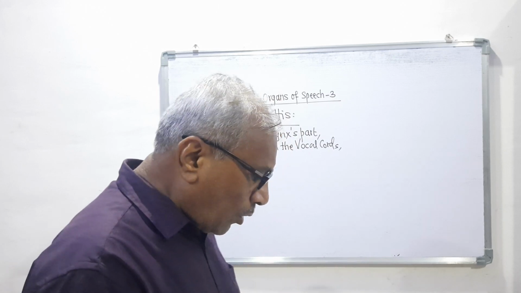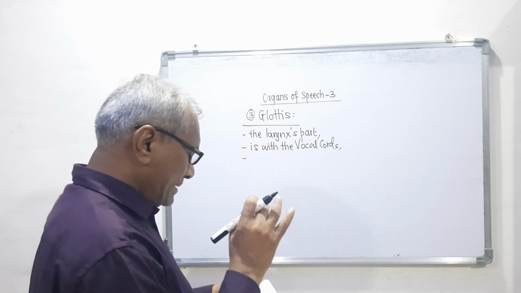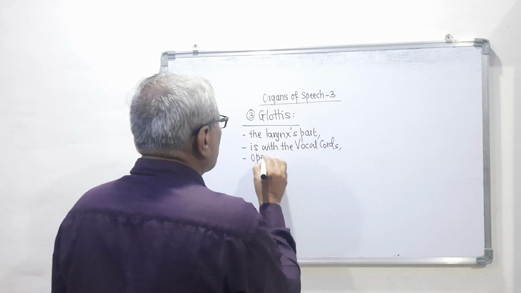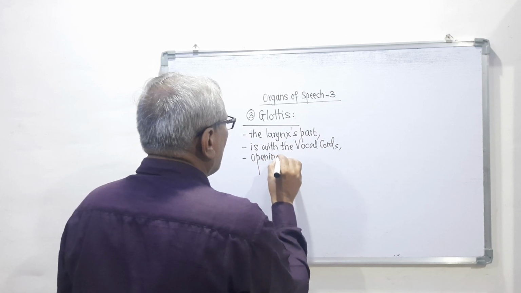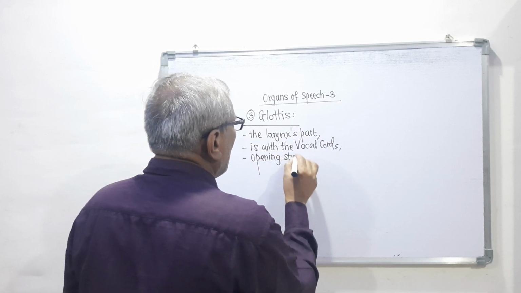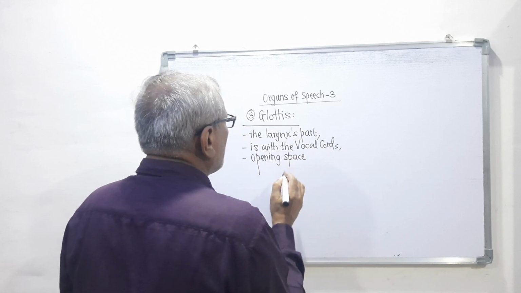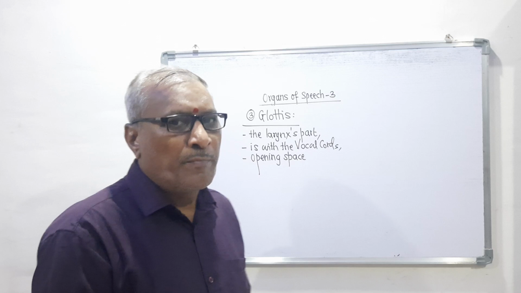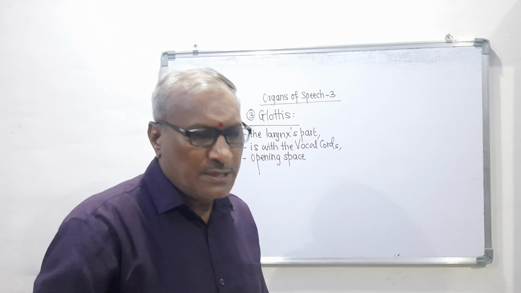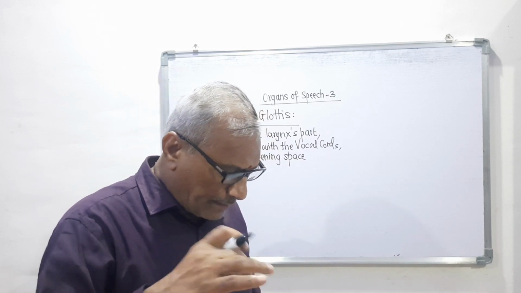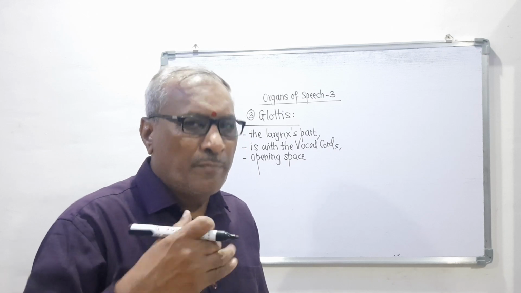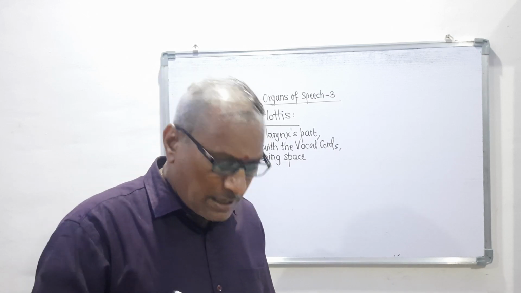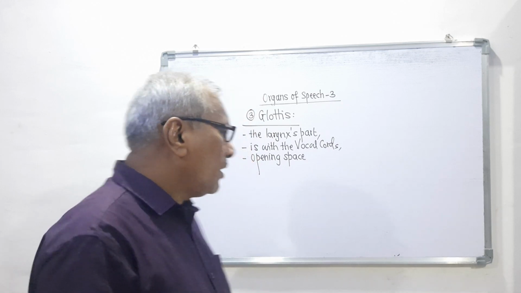Then there is the opening space. Remember, space means the place where the opening happens, the opening section, and that section is available between the vocal cords.